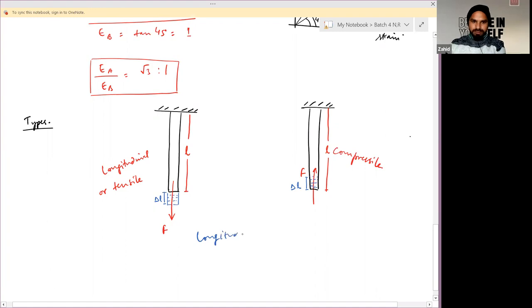So longitudinal stress, tensile stress or compressive stress equals the amount of deforming force acting per unit area.